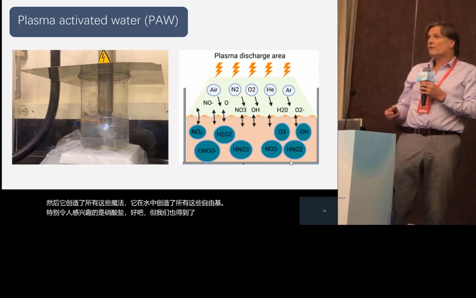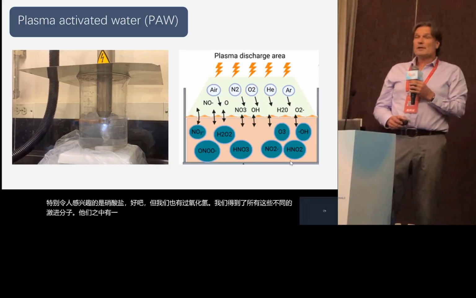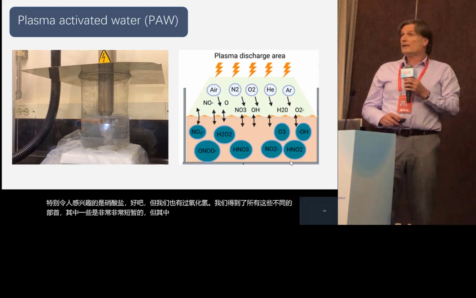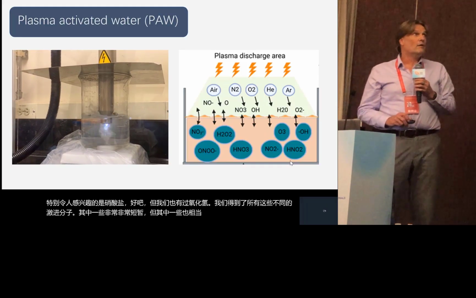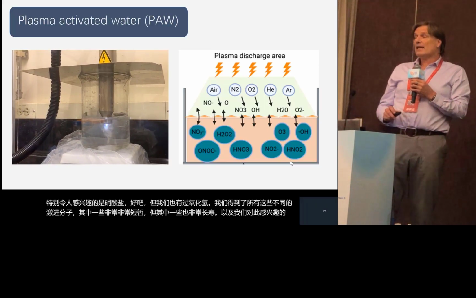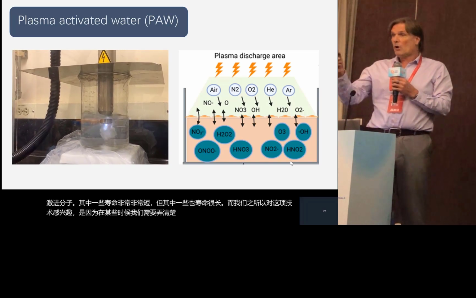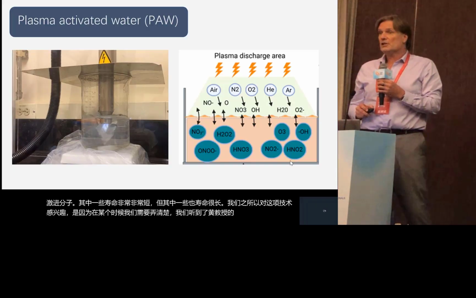We get all these different radicals. Some of them are very, very short-lived, but some of them are also quite long-lived. And the reason why we are interested in this technology is because at some point we need to figure out, we heard Professor Wang talk about how the world population is growing.